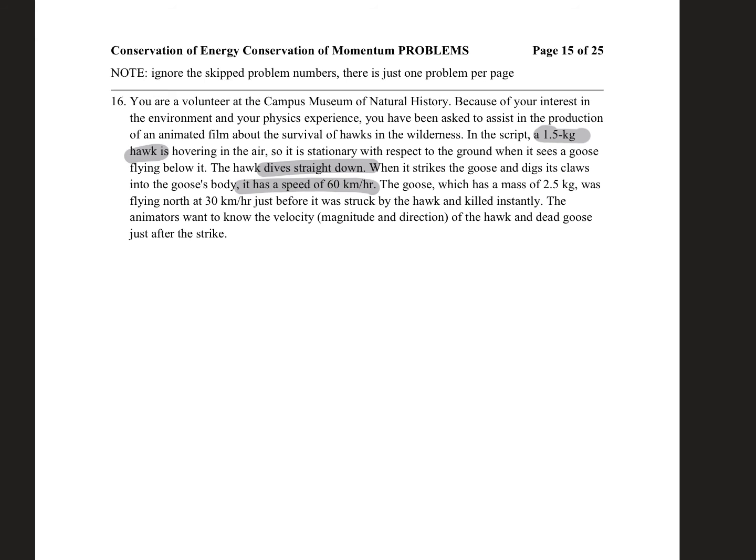The goose has a mass of 2.5 kilograms, flying north at 30, so parallel horizontally at 30, so left or right as far as we're concerned, before it was struck by the hawk and killed instantly. So sad. The animators want to know the velocity and direction of the hawk and dead goose just after the strike.